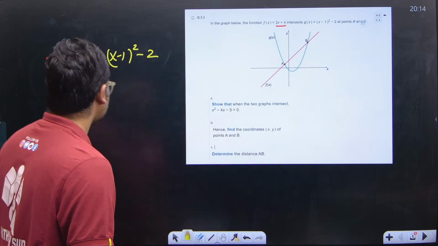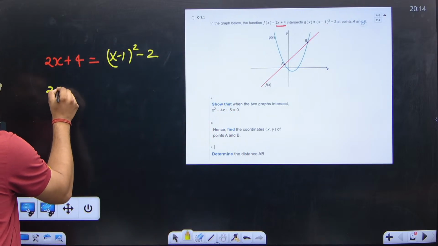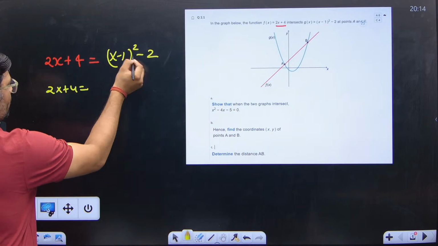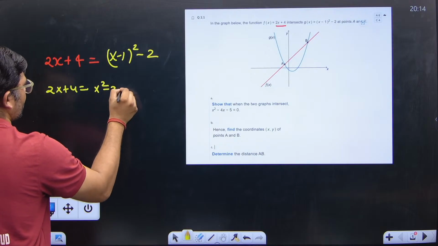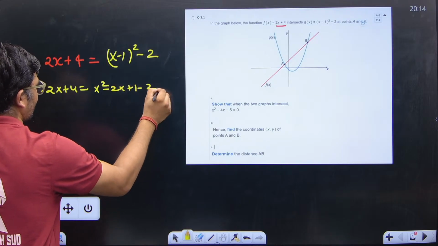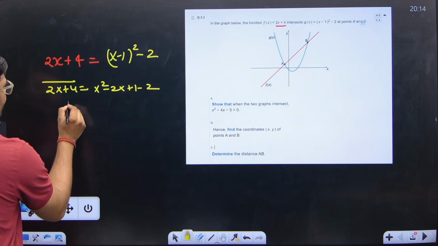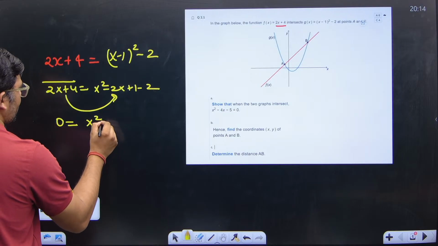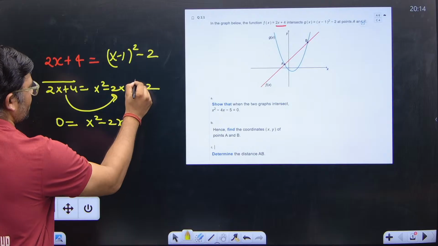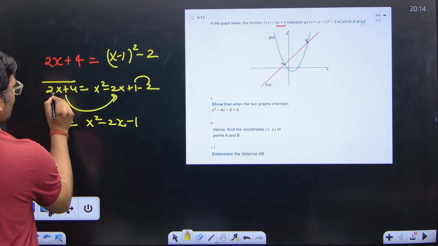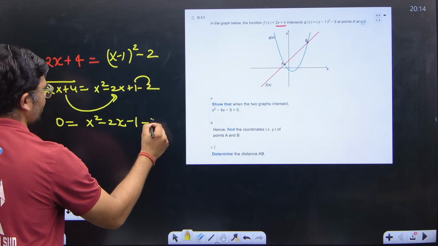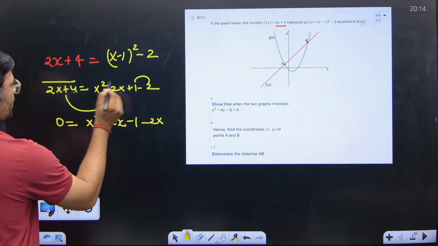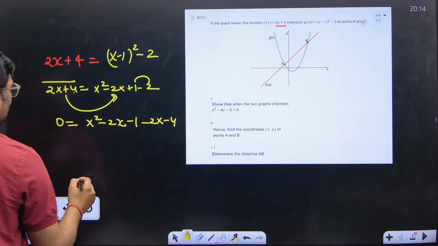Understood? Yes. So we will write 2x plus 4 is equal to, open this, you will have x square minus 2x plus 1 minus 2. So bring everything on this side. So you will write 0 is equal to x square minus 2x, 1 minus 2 is how much? Minus 1. When you bring 2x on this side, it will become minus 2x. When you bring 4 on this side, it will become minus 4.